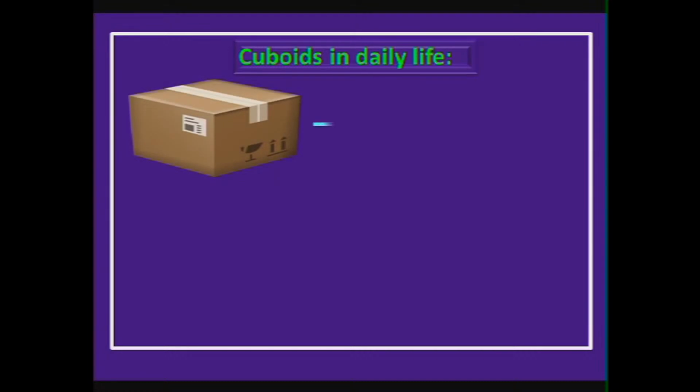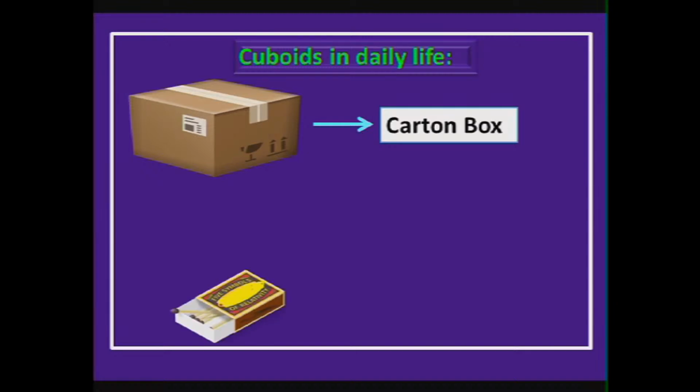Yes, what is that, children? You are right, it is a cotton box. So, where do we generally use this, children? Yes, for packing, maybe some electronic goods or maybe shoes or maybe some dresses, etc. We use this cotton box. So, this is an example of a cuboid. Now, next, can you identify this image, children? Yes, you are right, it is a matchbox.